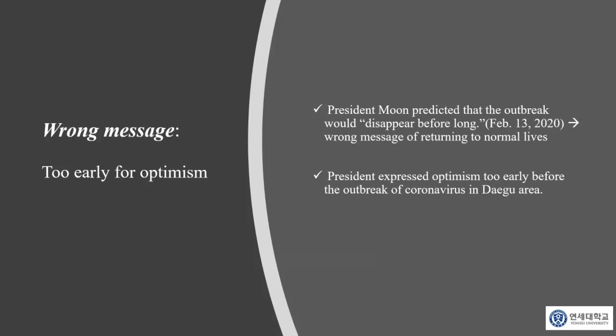Wrong messages: the President predicted that the outbreak would disappear before long on February 13. The President expressed optimism too early, before the outbreak of COVID in the Daegu area. Too early for optimism.